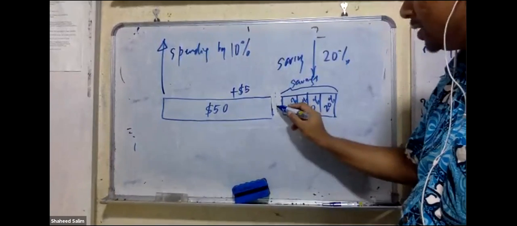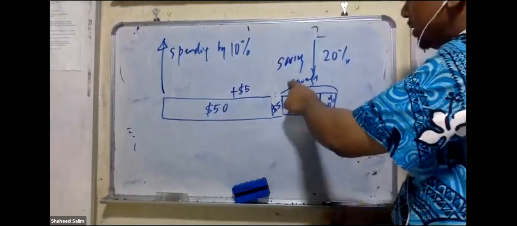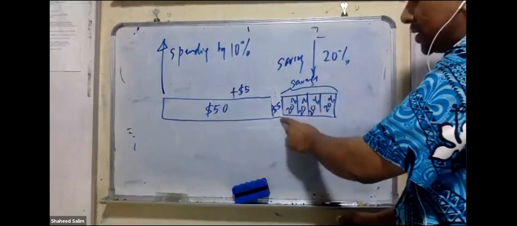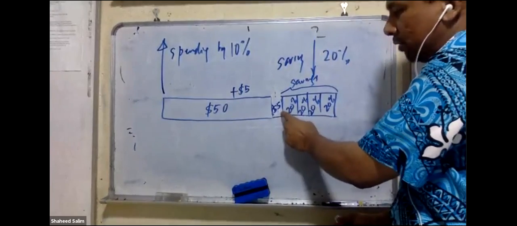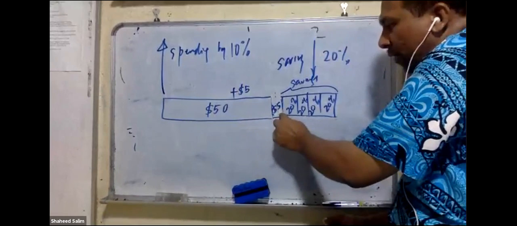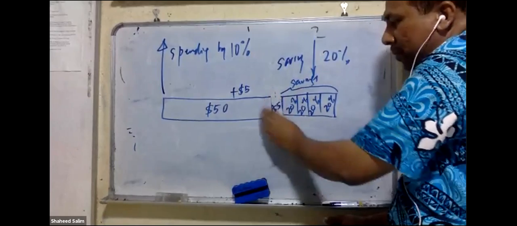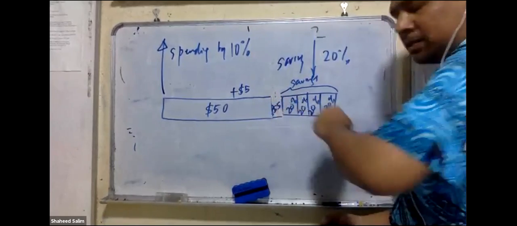This 20% is actually $5, because he says the saving will go down by 20%. So this 20% is $5. If he increases this by $5, his savings will go down by 20%. That means this part here is $5.